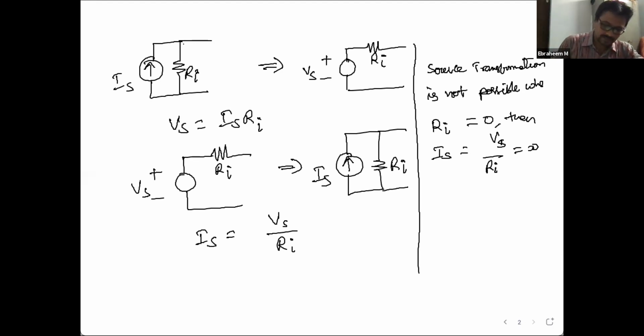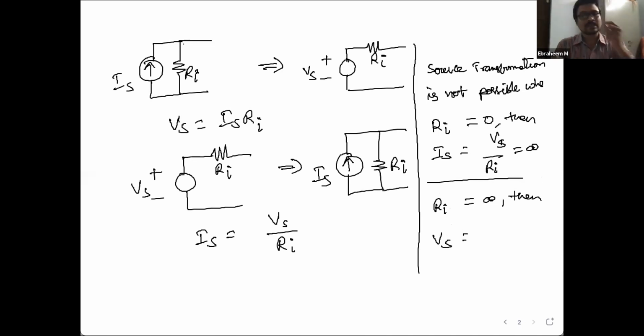Similarly, when Ri is equal to infinite, that is when converting a current source into a voltage source, then Vs is equal to Is into Ri, which is also infinite.